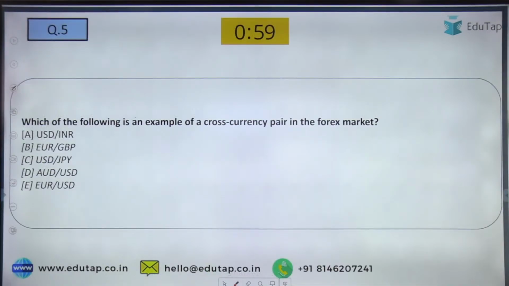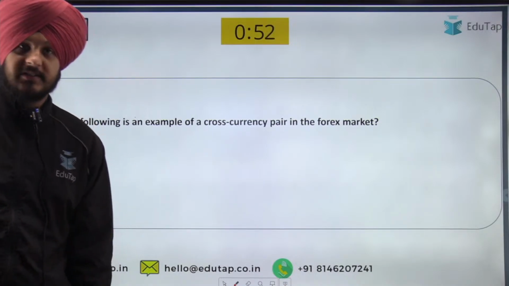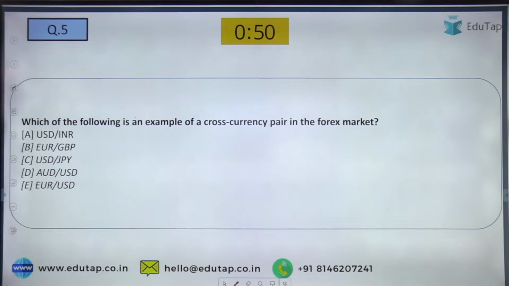The question number 5 is, which of the following is an example of a cross-currency pair in the forex market?